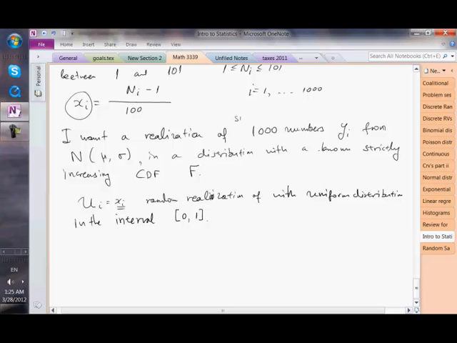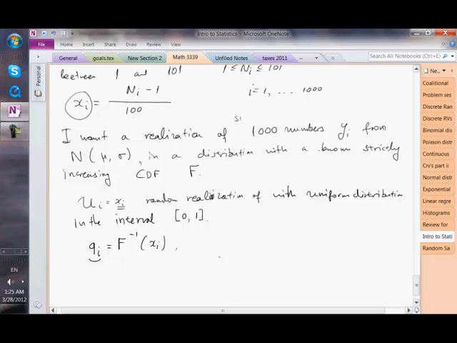So if we take the quantile points precisely, if we take Q sub I to be F inverse of X sub I, similar to what we did, then those Q sub I's are exactly the Y sub I's I'm asking for.